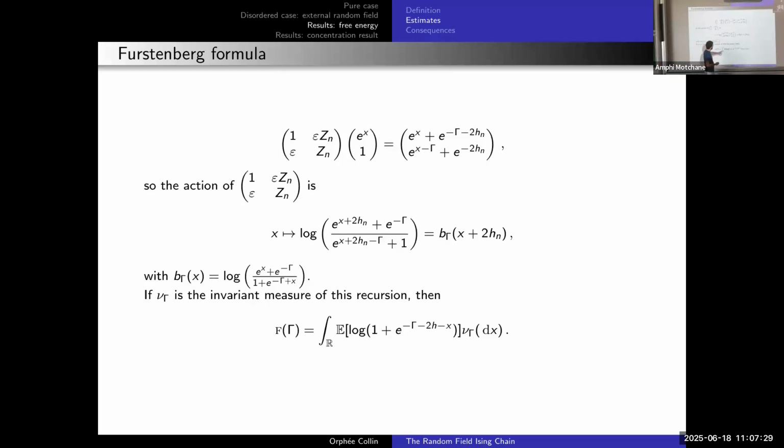Normally you have an expectation of the action of one matrix.